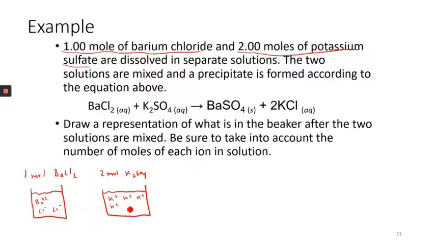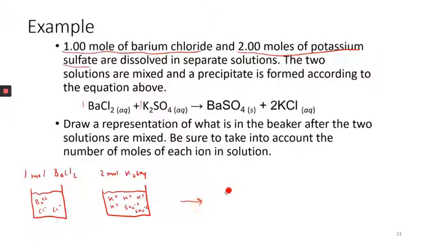And then just 2 sulfate ions. So this is how I'm going to represent 1 mole of barium chloride and 2 moles of potassium sulfate. Okay? Now, according to this reaction, since there's no coefficients here, they just mean 1, we only need 1 mole of each to make our product.